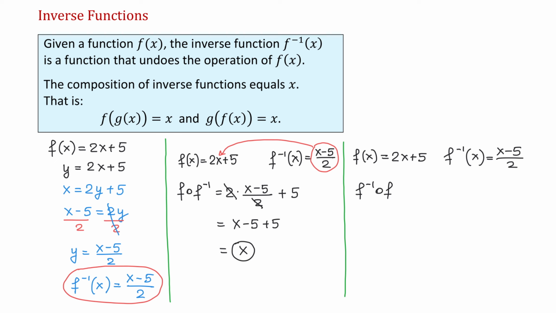In this case, we will take the f function and we will put it in place of the x of the f inverse function. So then, we will start with a fraction, and in place of x, we will write 2x plus 5, then minus 5, then over 2. In the numerator, 5 minus 5 is 0, then 2x over 2 equals x. So again here the composition is x.